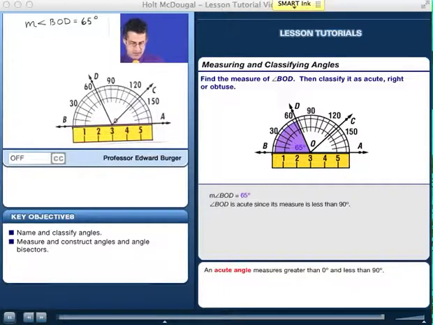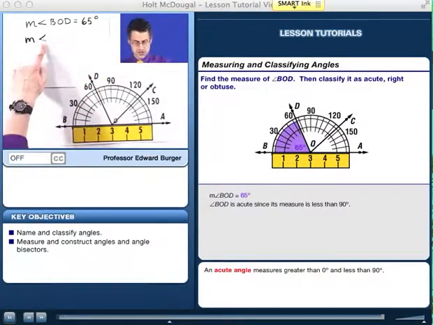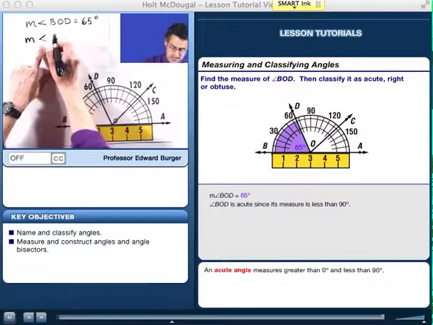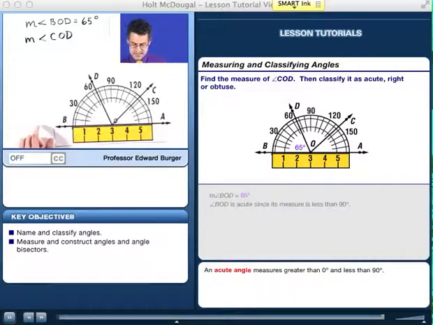Let's now find the measure of angle COD. So the measure of angle, you see I write that, measure of angle, and this one is going to be COD. So let's take a look at where that is. COD. Okay, now that angle right there has some measure, and I want to see if I can figure out what it is. So how am I going to do that?